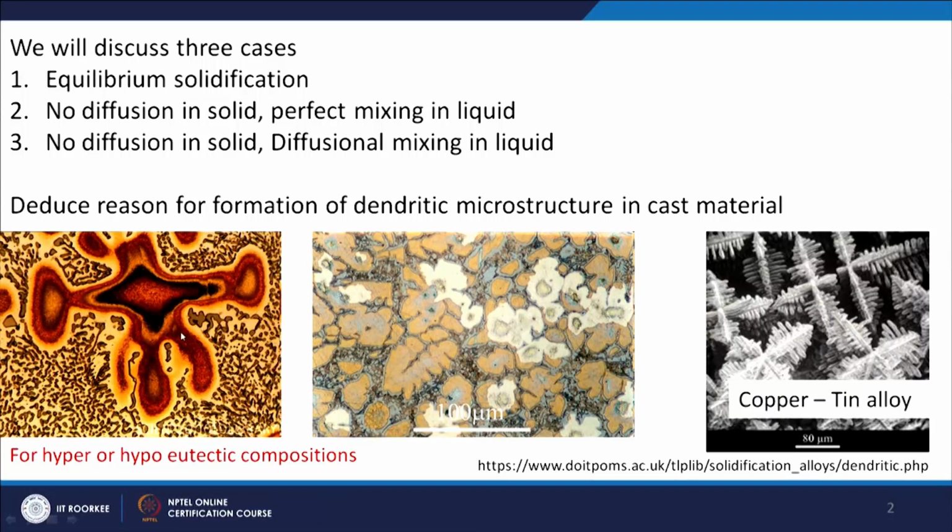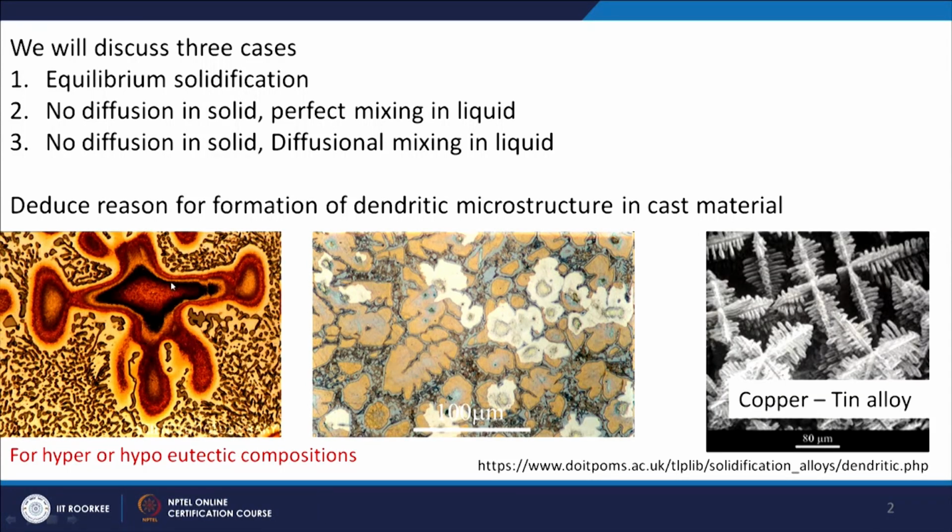Because we are going to cool very fast, so we are not giving enough time for solute atoms to diffuse in the solid. The third case is again no diffusion in solid, and in the liquid the mixing is only diffusional. So these are the three cases, and you will see in the slide some very nice microstructures.